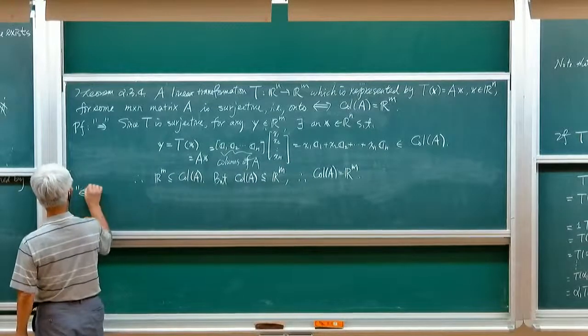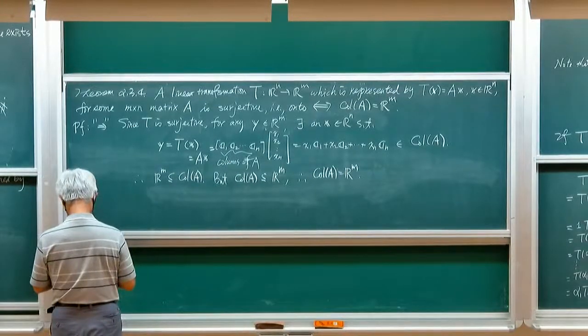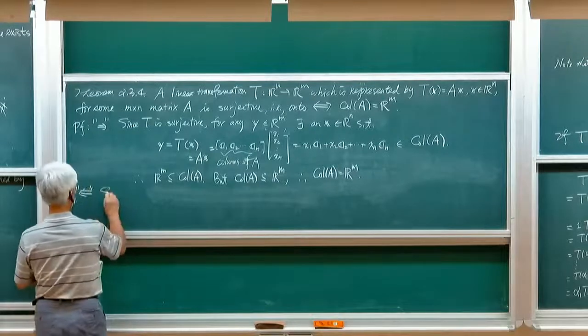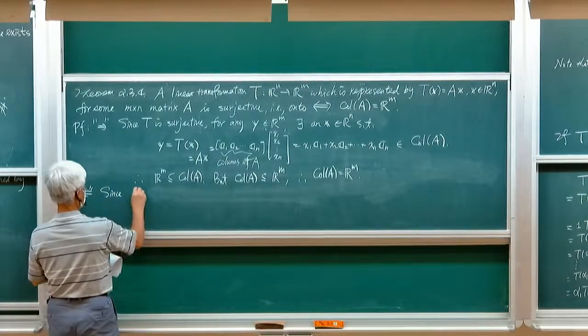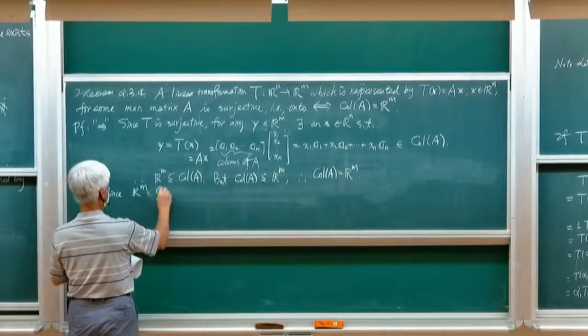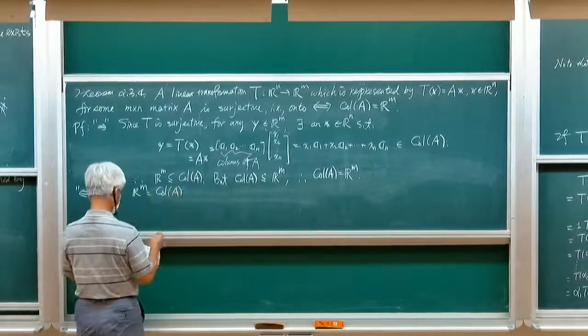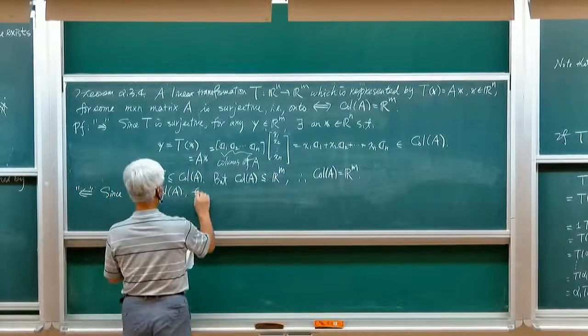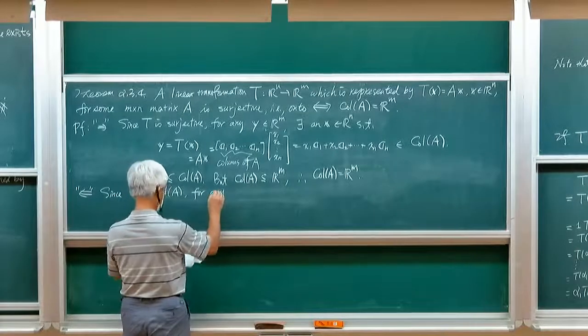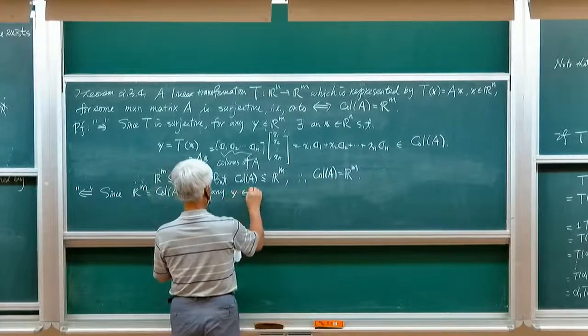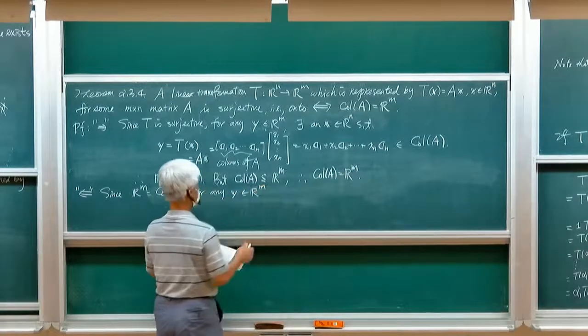Backward part. Now since Rm is equal to the column space of A, for any y in Rm, right?